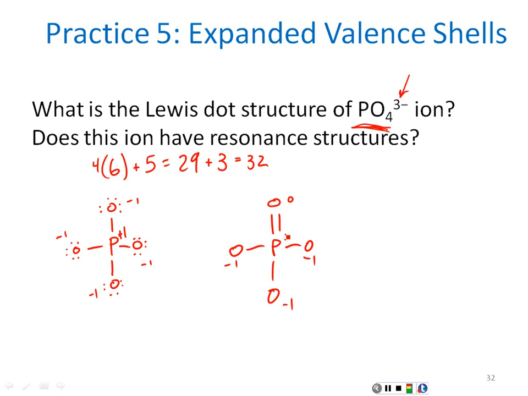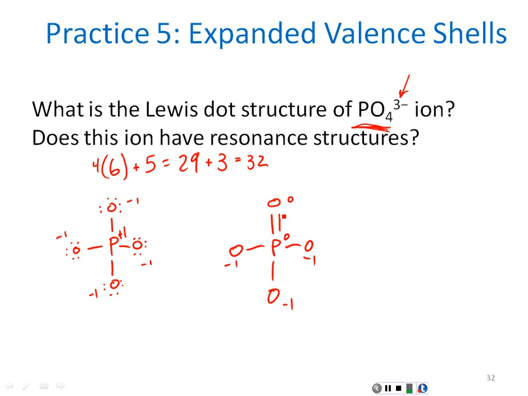So the formal charges on this particular structure are better because we have 2 of the atoms at 0. So instead of a -1 formal charge and a +1 formal charge right next to each other, we have 2 zeros. And that would actually be a more correct structure. And to answer the second question, yes, you can have resonance structures.